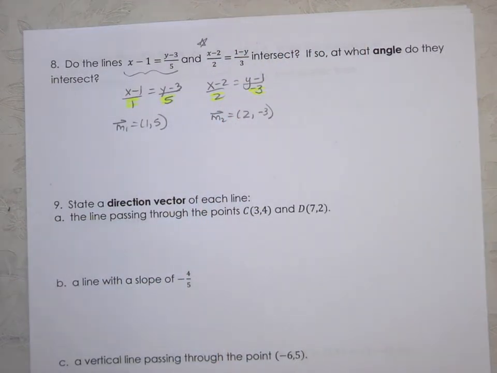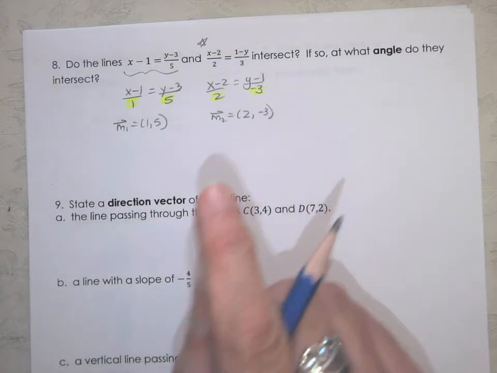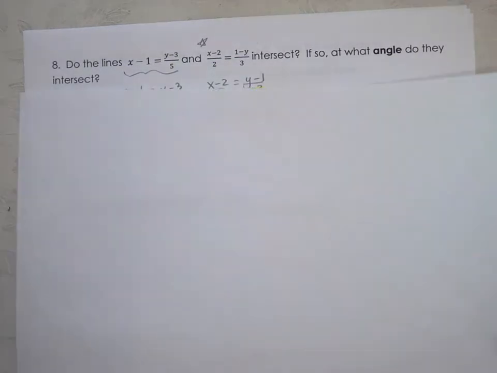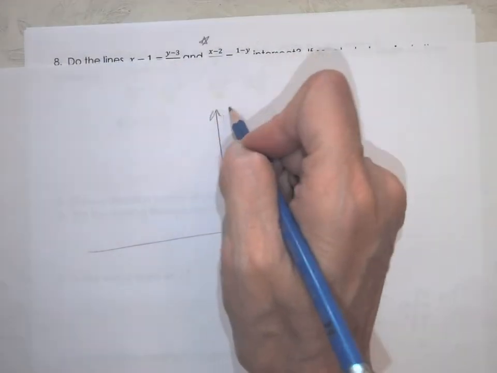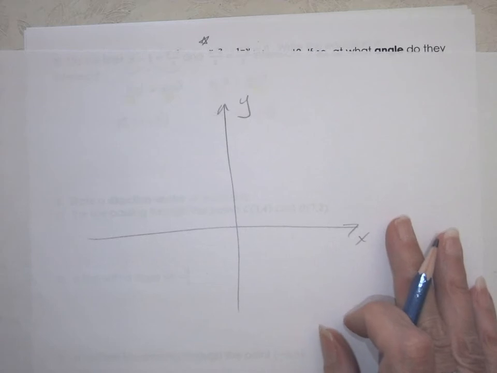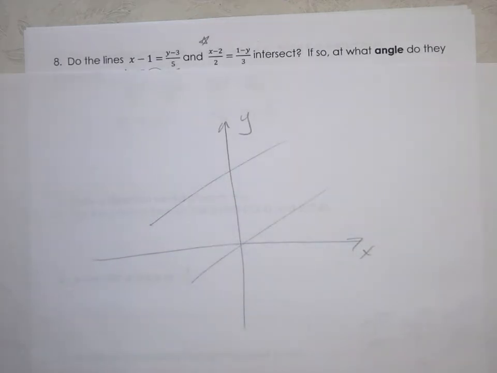So if lines in 2-space are not parallel, okay, so lines in 2-space, basically you've got an x and y axis. The only way 2 lines do not meet is if they're parallel, right? If they have the same direction, then they could never meet. Otherwise, they're going to meet somewhere because the lines go on forever.